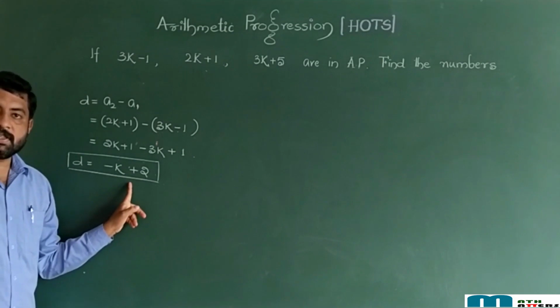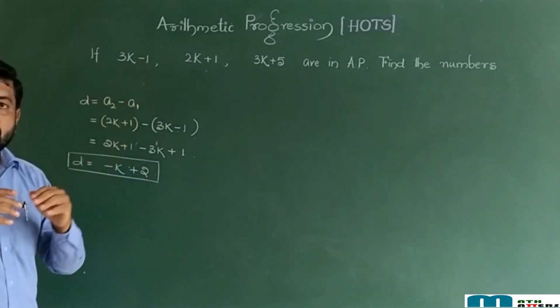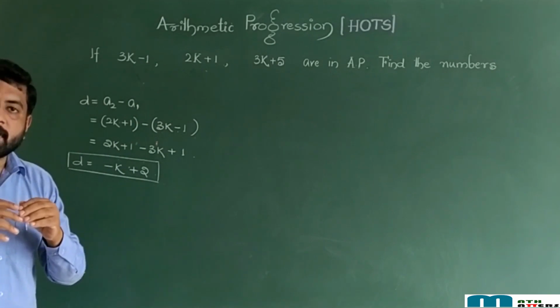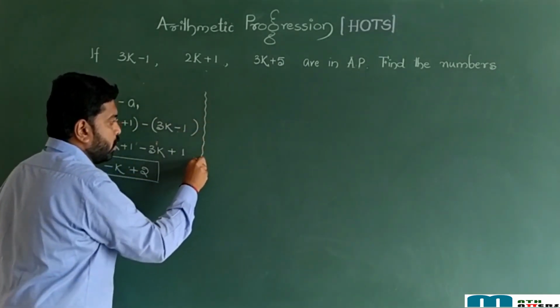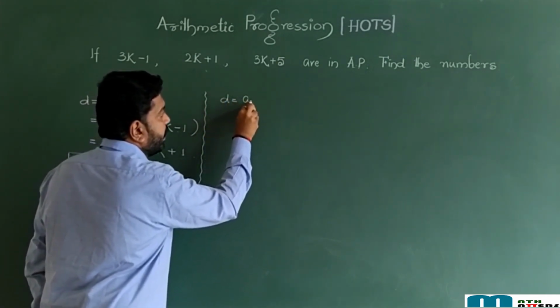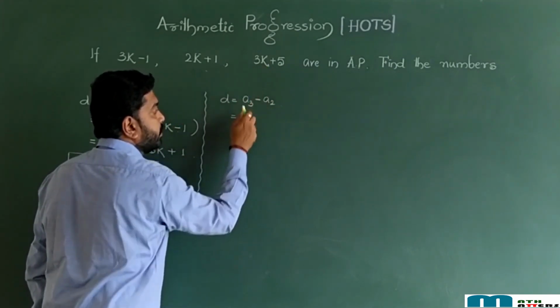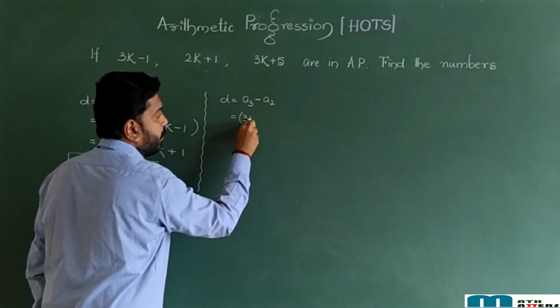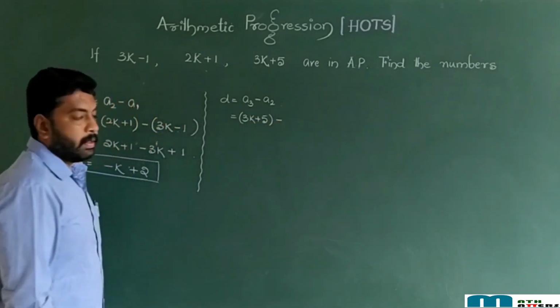Now, the common difference is calculated with the help of A2 minus A1. Similarly, I can calculate the common difference with the help of A3 minus A2. Now, just look into this. Common difference is equal to A3 minus A2. A3 is this term, 3k plus 5, minus A2.